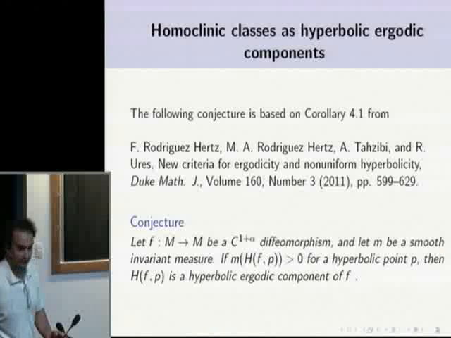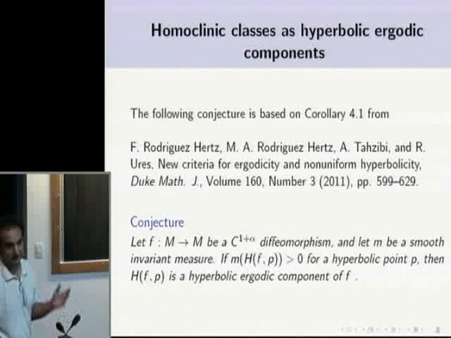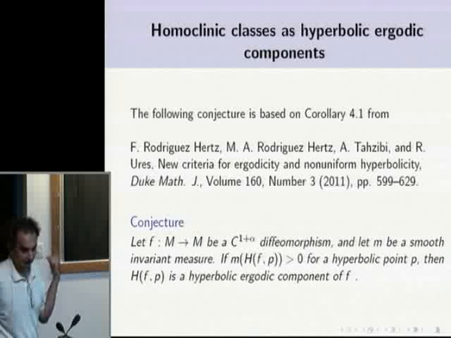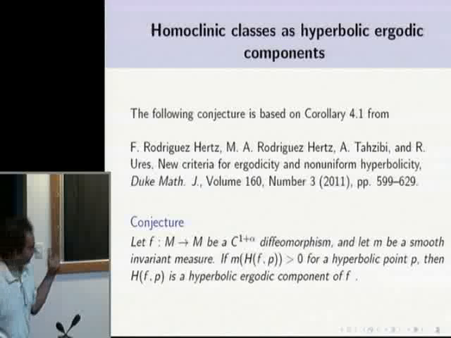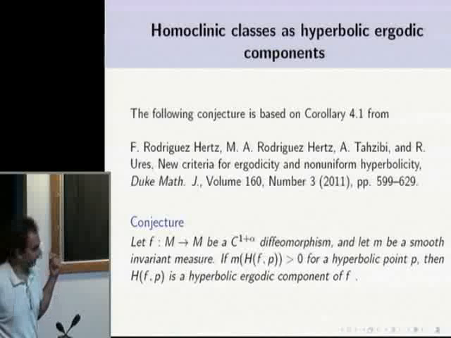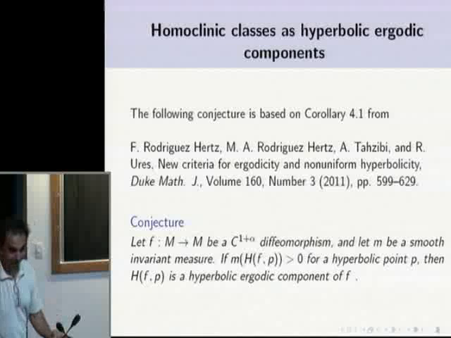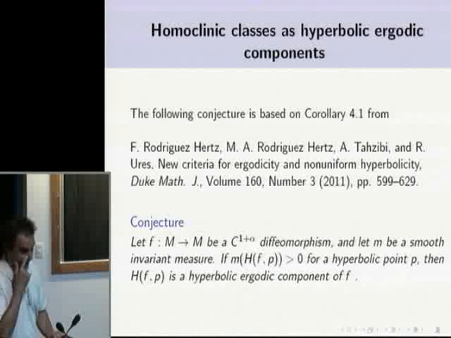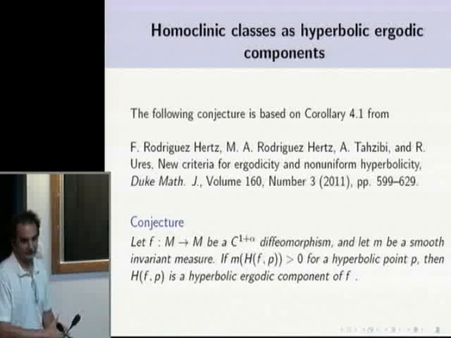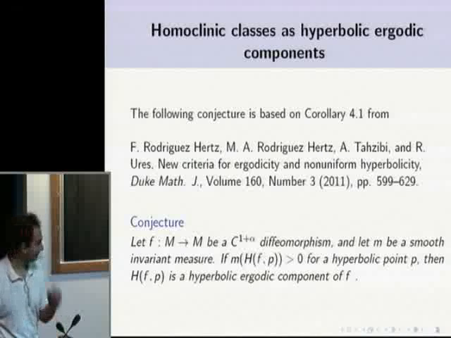Unfortunately, as Ali just explained to me before the lecture, this doesn't immediately imply the statement for the homoclinic classes we defined. So I will state it as a conjecture rather than a theorem, but it's likely true. I believe so.